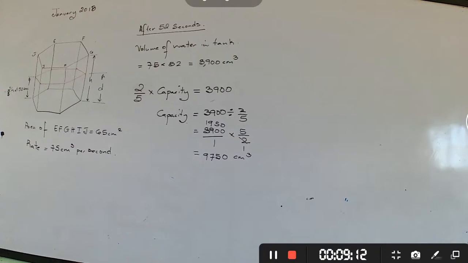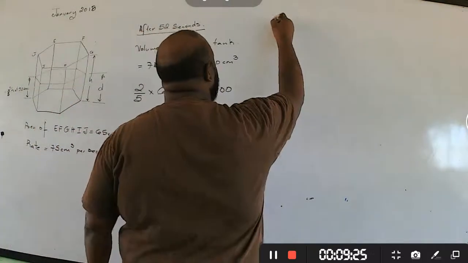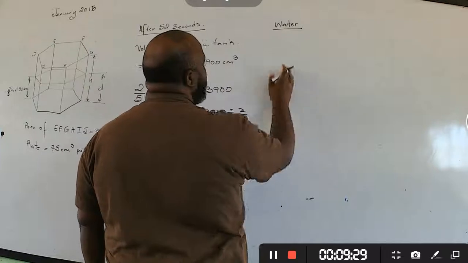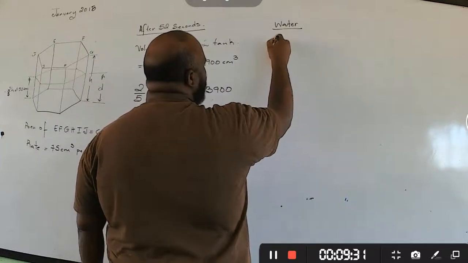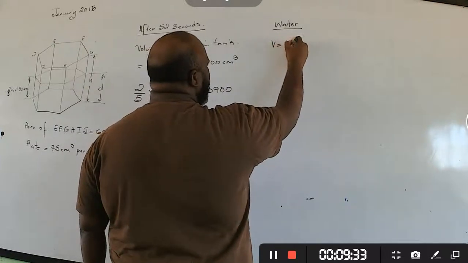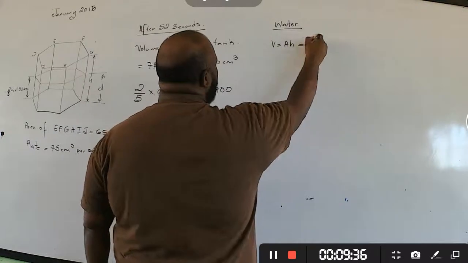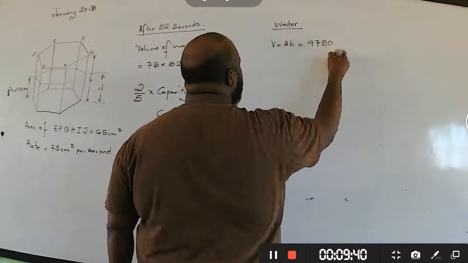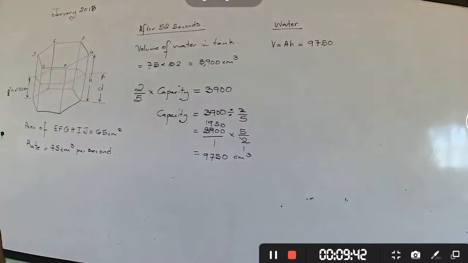Now, the volume of any solid shape with a uniform cross-section is given by the formula V equals A times H. So let's look at the water. The volume of the water is equal to 9,750. Do you agree with me so far?